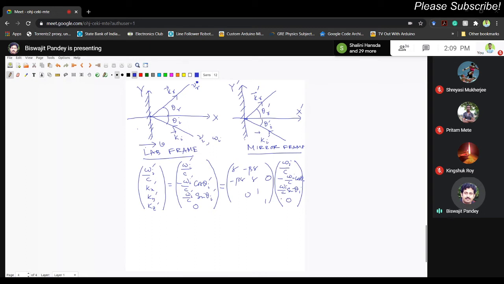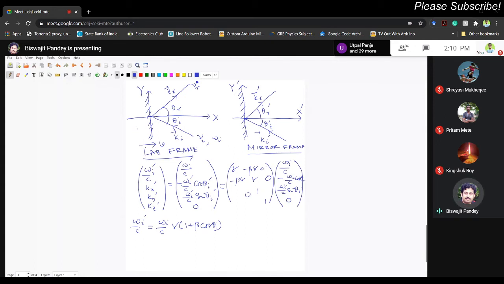So let us write down the equations and simplify the different terms. If you write down the time component, omega I prime by C equal to omega I by C gamma into 1 plus beta cos theta I. Simple. Just take this one, multiply this one with this, that one with that one.